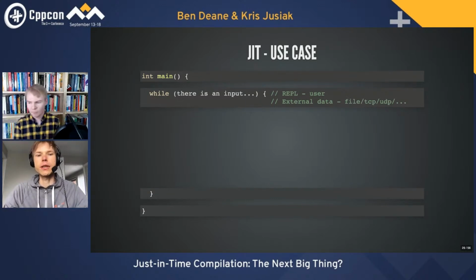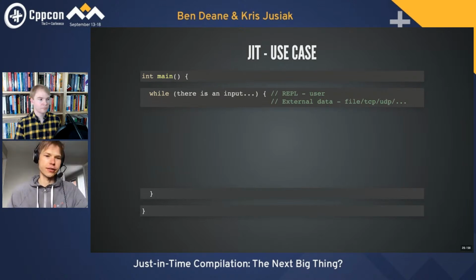So whilst we have the input, and the input may come from different sources. Let's say you have the REPL kind of input from the user, so you can imagine a researcher, a physicist, using something like Cling to add something to the program whilst working on it, or using external data which may come from a file, TCP, or UDP socket, without the UI or without any input from the user.